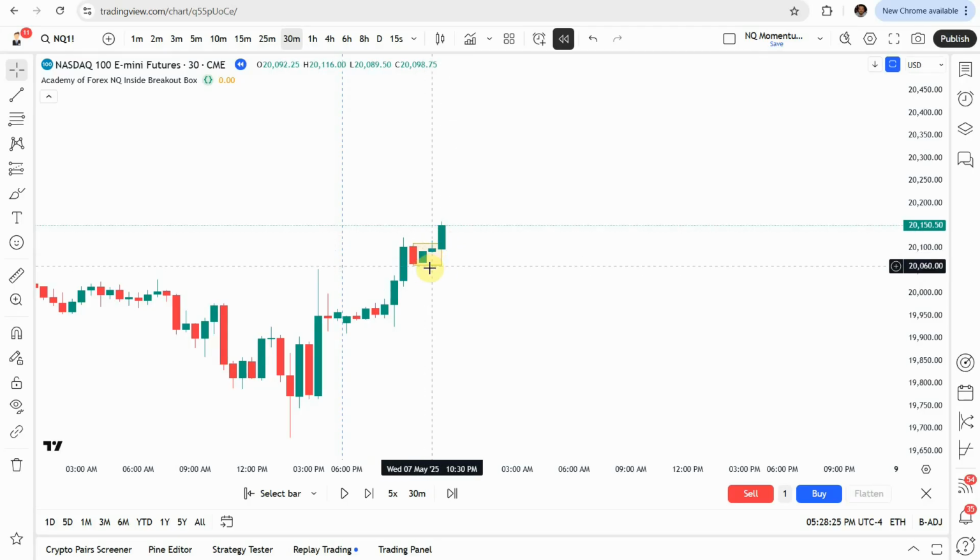So what you look for is the box to actually form. Once that box forms, you're looking for the last immediate candle, this candle right here, and the break of this candle either to the upside or the downside.